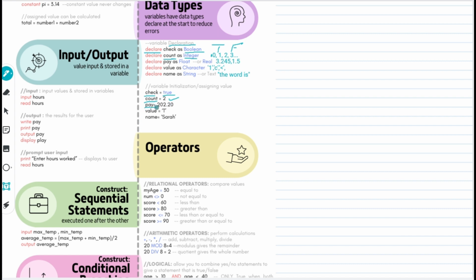The variable pay was assigned the value 202.2 because it's a decimal number. And we say pay here is a real or float. And you have the value, a character T, and the string name is Sarah.